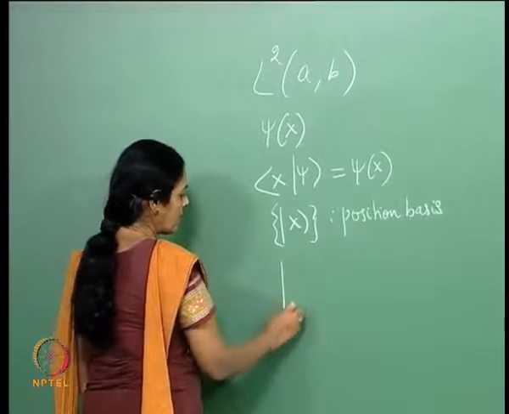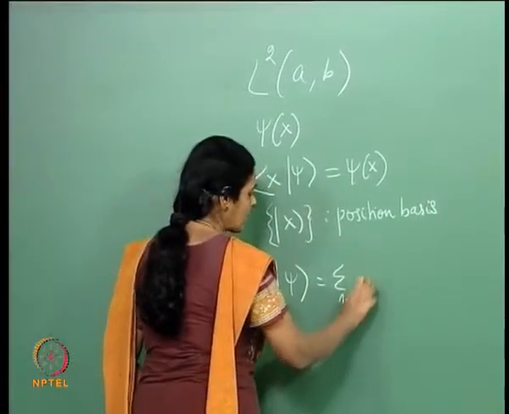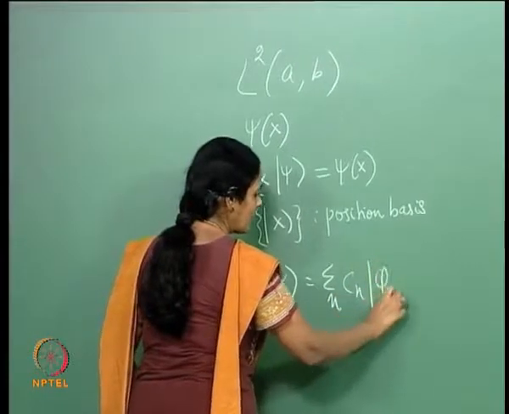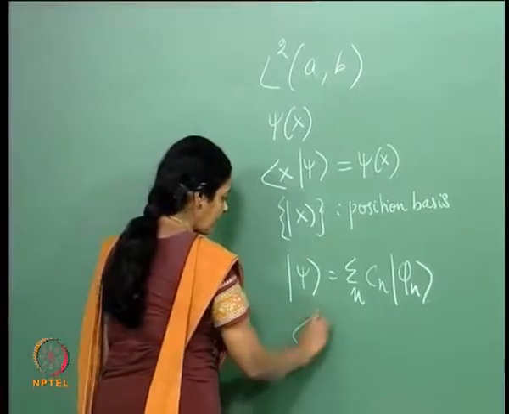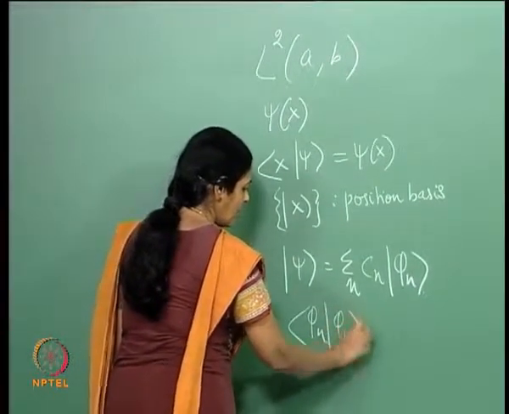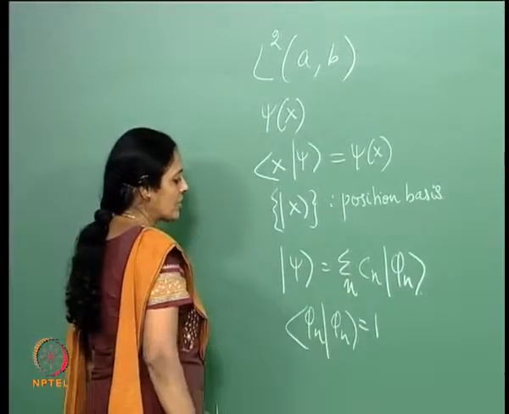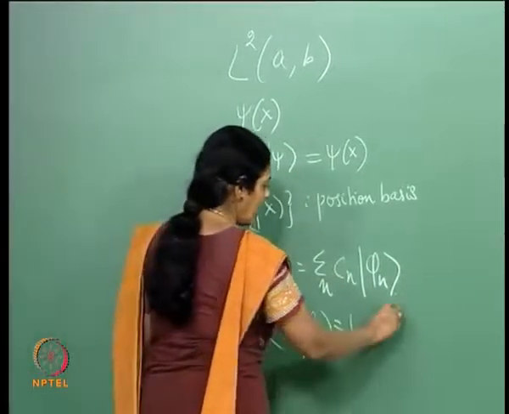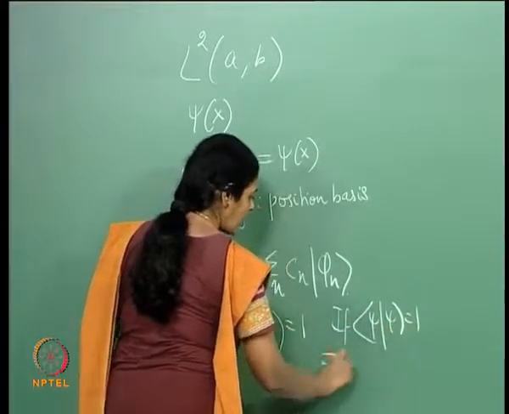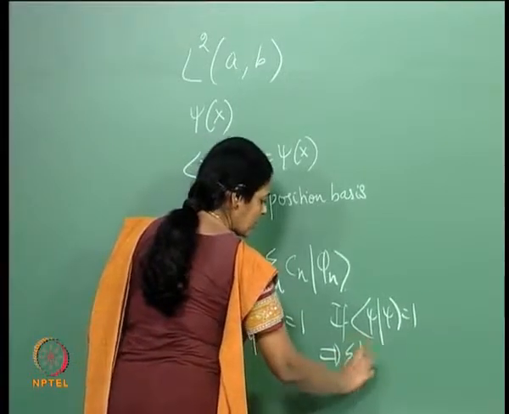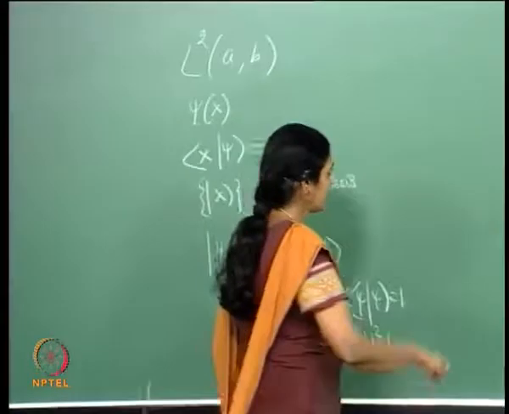You will recall that any ket psi can be expanded in terms of the normalized basis states phi sub n, with expansion coefficients Cn. And if I normalize psi, it automatically follows that the summation over n of mod Cn squared is 1.